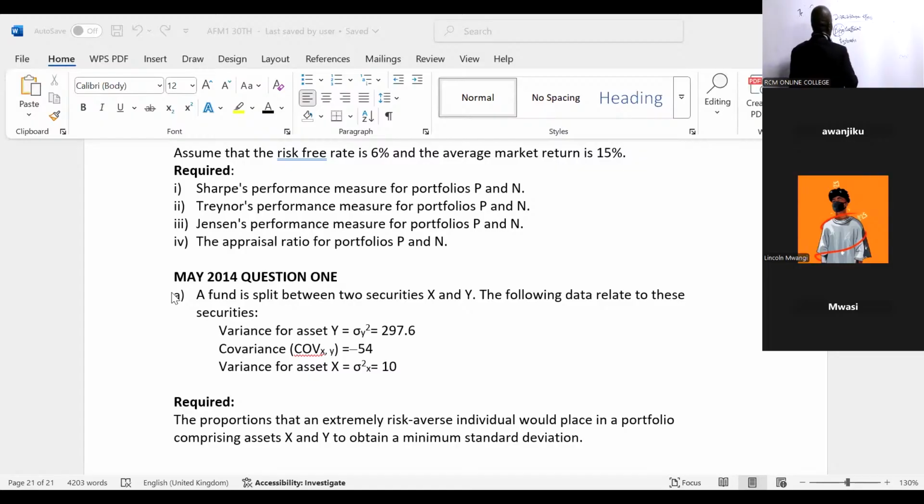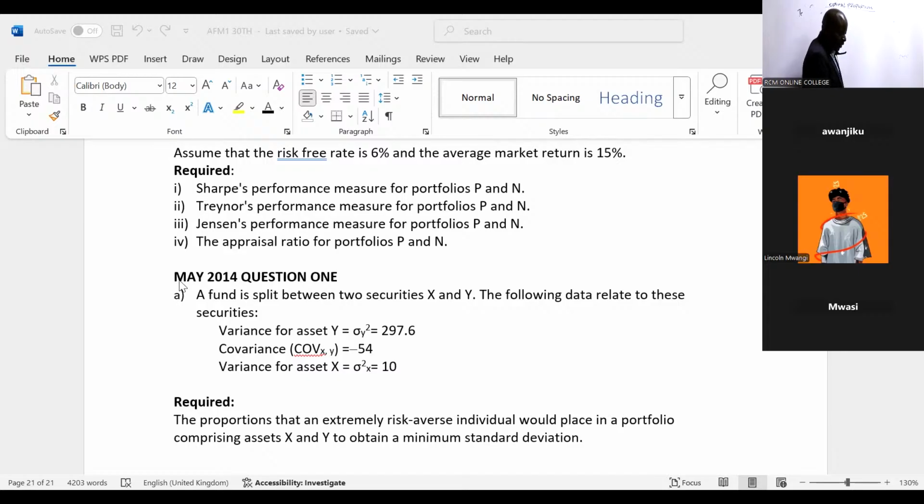If you have that handout, it is on the very last page. Optimal proportions. Very popular.